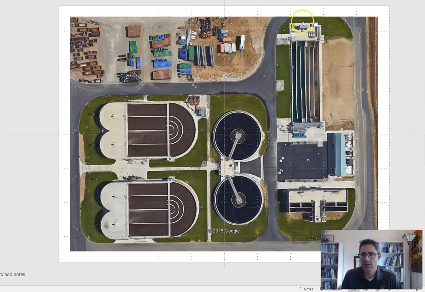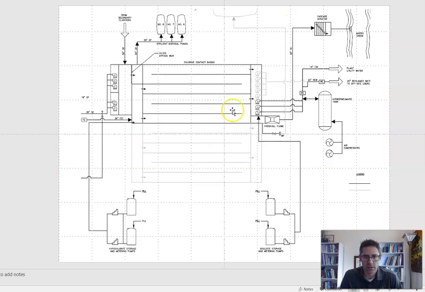And then up here is the dechlorination system. And this shows that in a more schematic way. You can see the chlorine contact basins here. These are the hypochlorite storage tanks and metering.